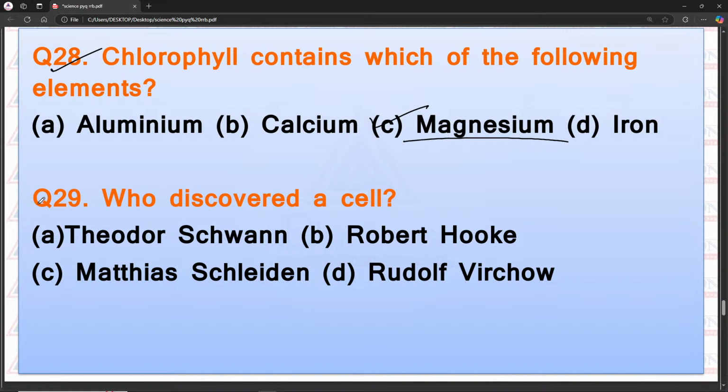Question number 29. Who discovered a cell? Option A, Theodore Schwann. Option B, Robert Hooke. Option C, Matthias Schleiden, and option D, Rudolf Virchow.